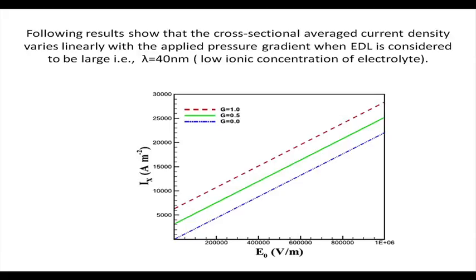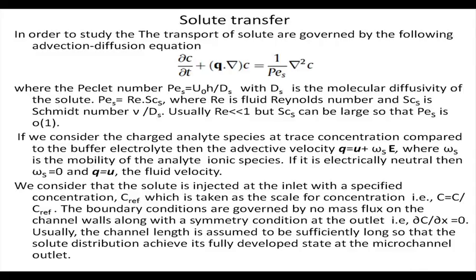Now, another important aspect in electroosmotic flow is the solute transfer. The microchannels are connected to reservoirs, so what we need is transferring the solute from one reservoir to the other. The solute can be a neutral solute, that means electrically neutral, or in trace concentration.